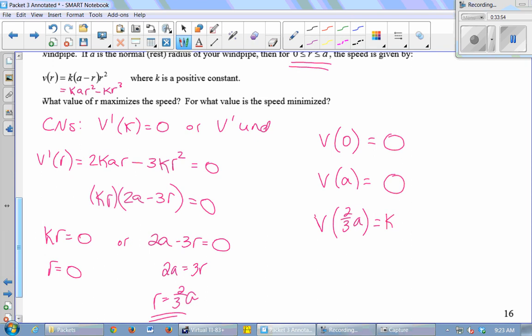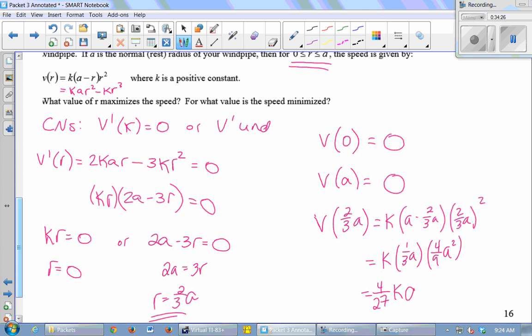K times a minus 2/3 a times 2/3 a squared. So this is k times 1/3 of a times 4/9 a squared. So 1/3 times 4/9 is 4/27, which is not reducible. So I have 4/27 and a k, and then I have an a cubed.